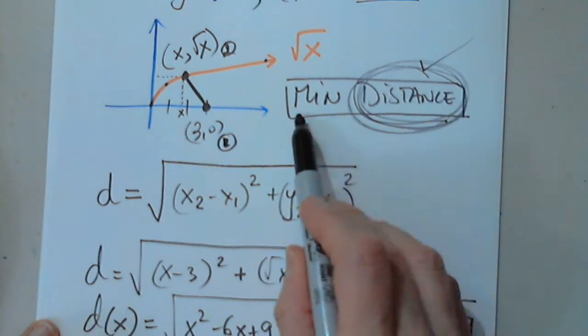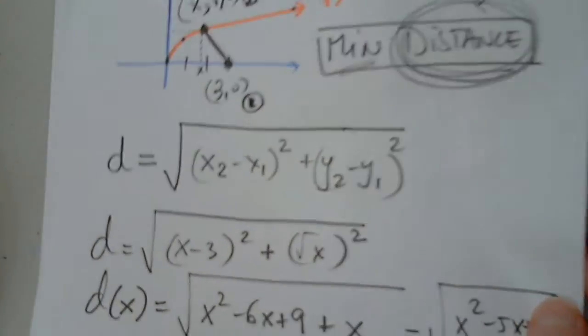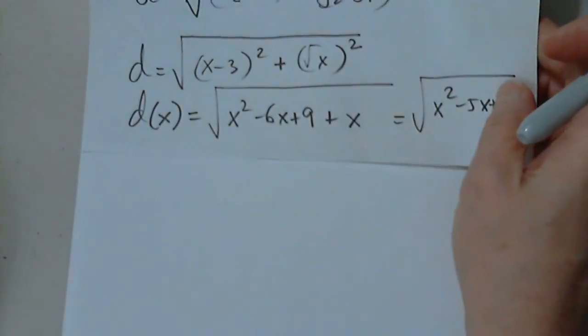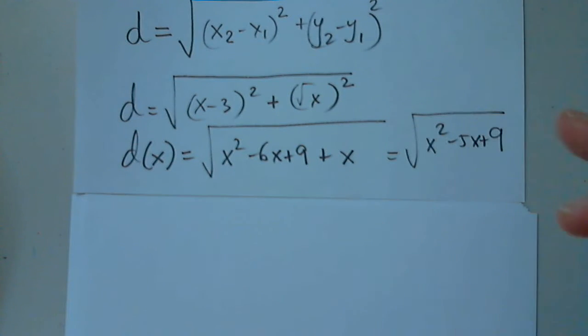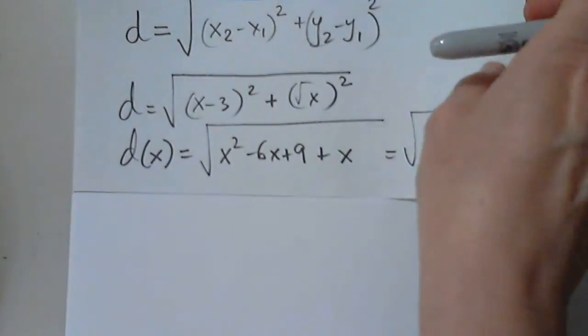Once I have the distance, this is a piece of cake. How do I find the minimum distance? Of course, it's all the same. Find the derivative, find critical numbers, all the same.